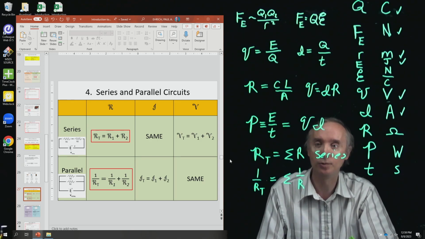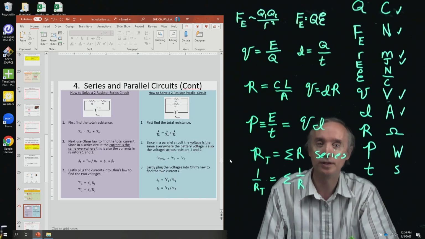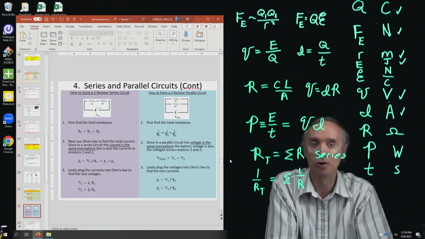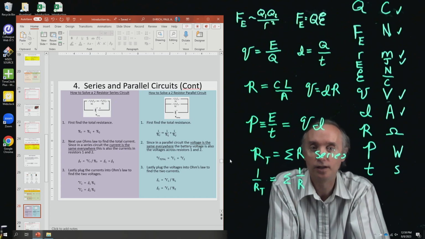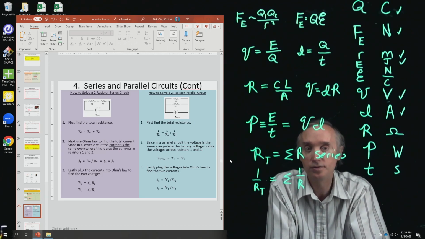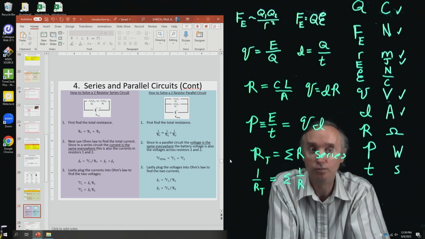All right, I would want you to be able to draw a series circuit, calculate the resistance in the series circuit, and then calculate the currents and the voltages in each of the two resistors.